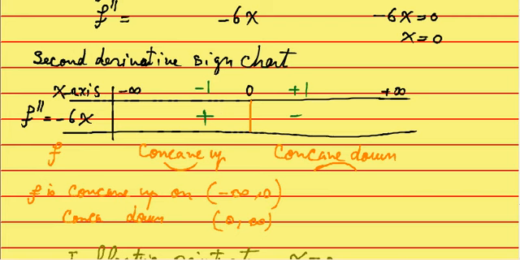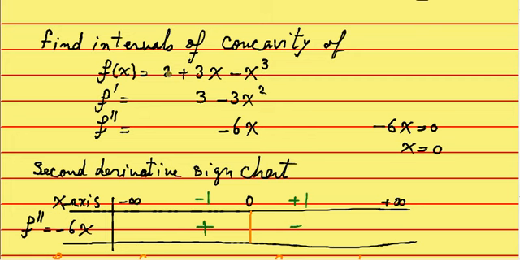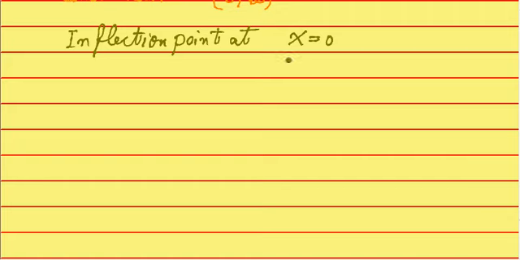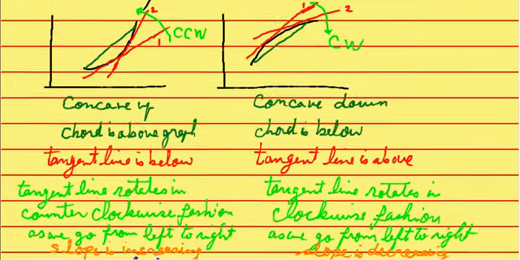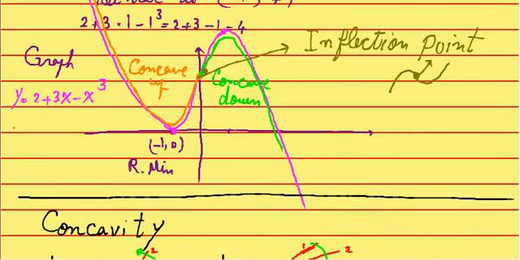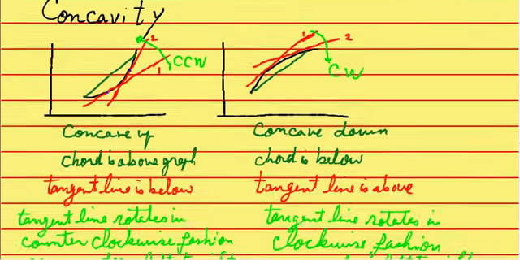You plug x equal to 0 into the original function itself, and you get y equal to 2. That is the point on the graph. This point, with coordinates 0 and 2, is the inflection point.